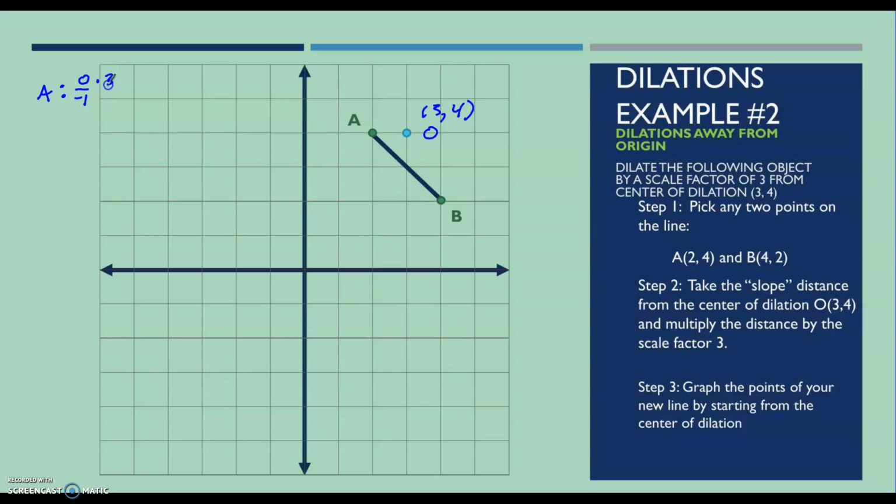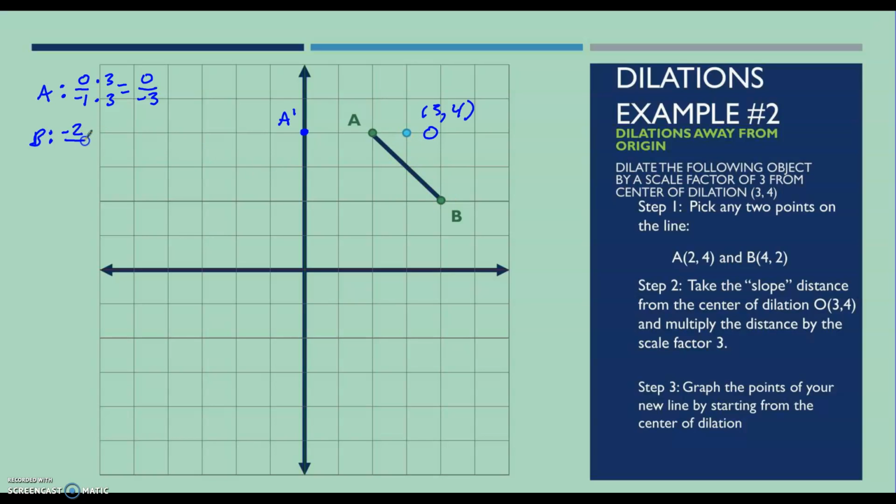And I multiply that by the scale factor of 3 for my numerator and denominator. So I get 0 over negative 3. So I go back to my center of dilation, and I go up 0 units, and then left 1, 2, 3 units. So I have A prime. And then for point B, I go down 2 units, right 1 unit.